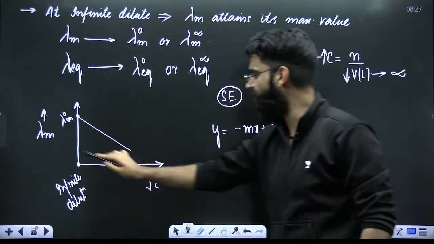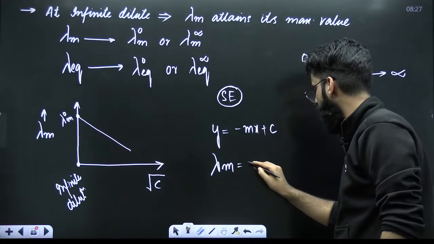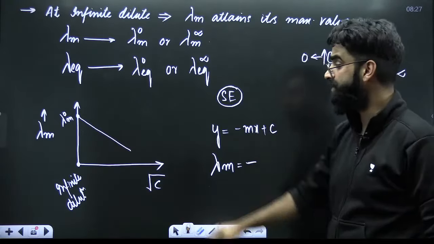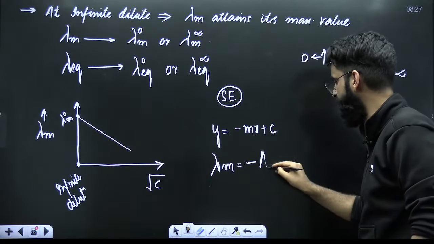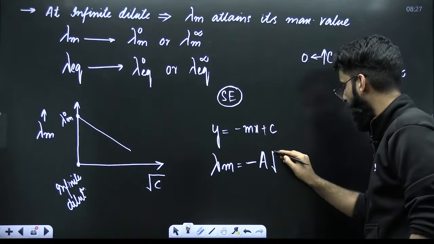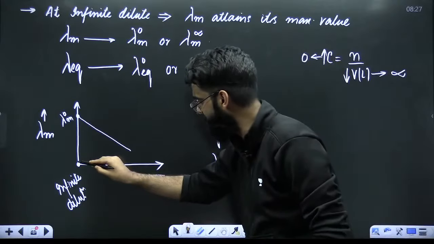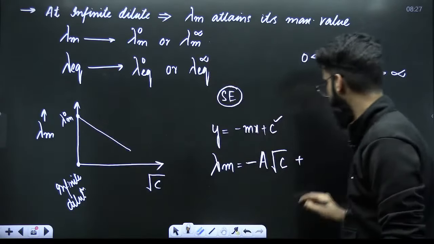Now along the y-axis, what are you plotting? Along the y-axis, you are plotting lambda m is equal to minus m, where m is the slope of the curve. Let's say the slope of the curve is represented by a. What is x? Along the x-axis, you are plotting root c. And what is c? c is the intercept. Intercept is the distance from here to here, which is lambda naught m.